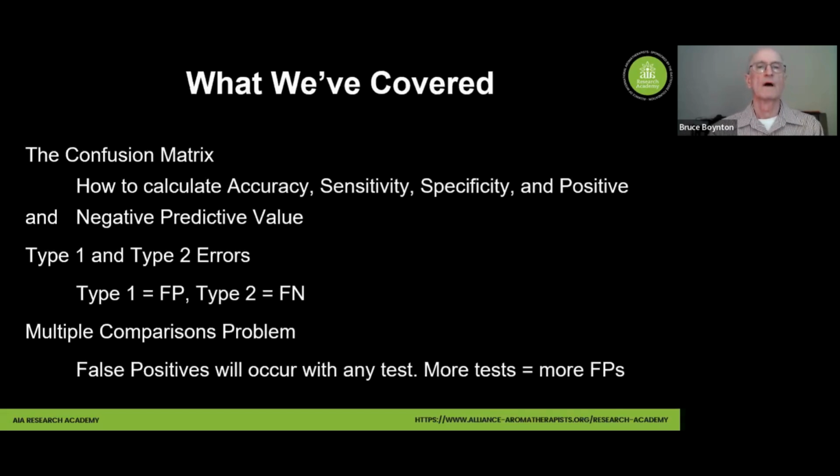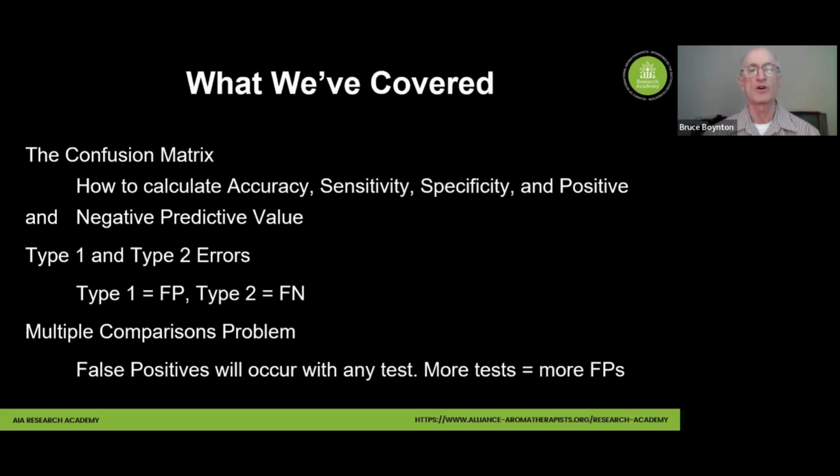Okay, what we've covered. We talked about how to calculate accuracy, sensitivity, specificity, and positive and negative predictive value. We talked about type 1 and type 2 errors. Type 1 errors are false positives. Type 2 errors are false negatives. The multiple comparisons problem.